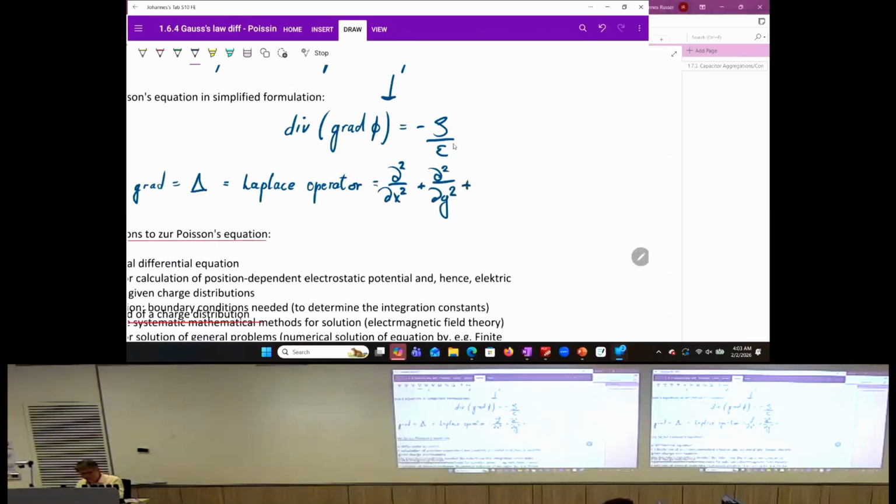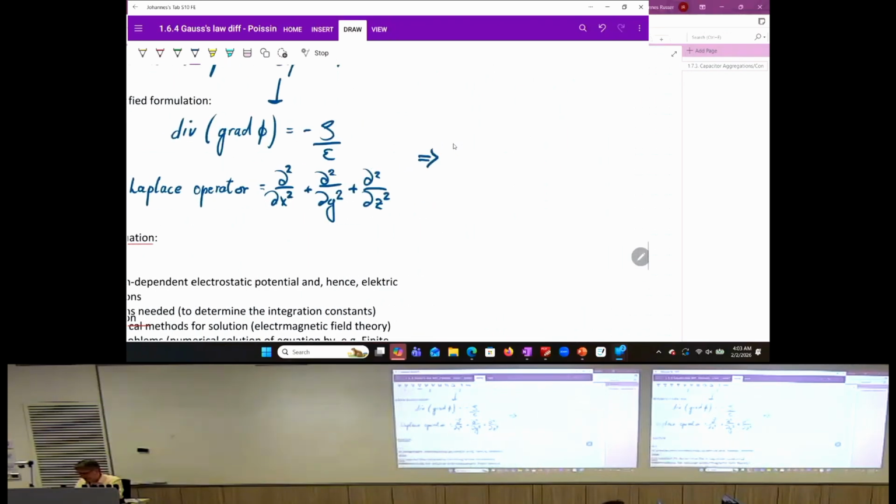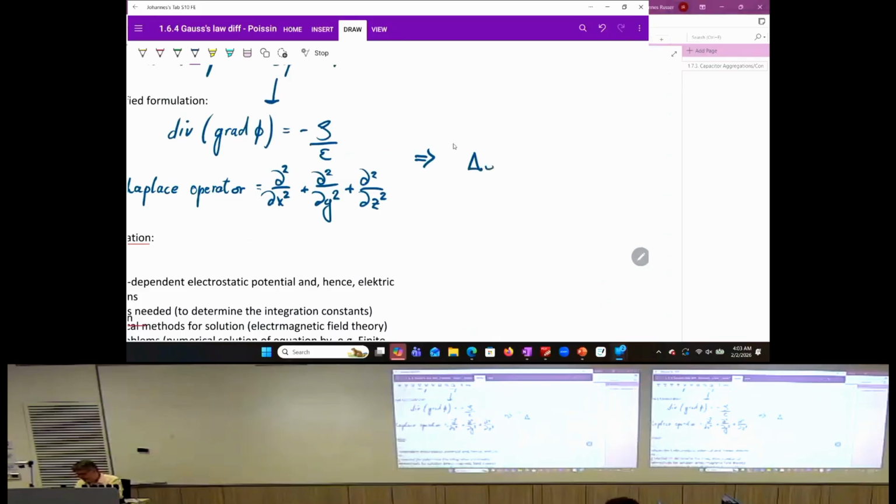It's our Laplace operator. And then you get the Laplace operator on the potential phi is equal to minus space charge density over permittivity.